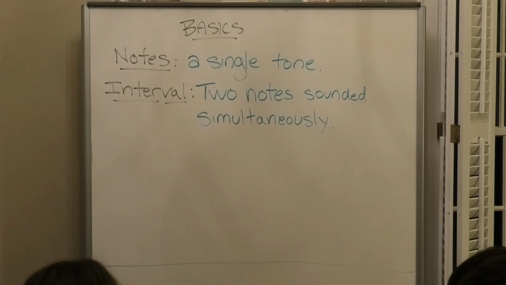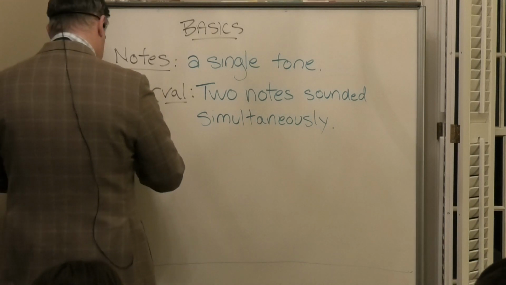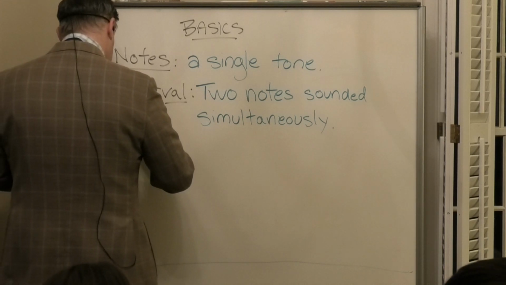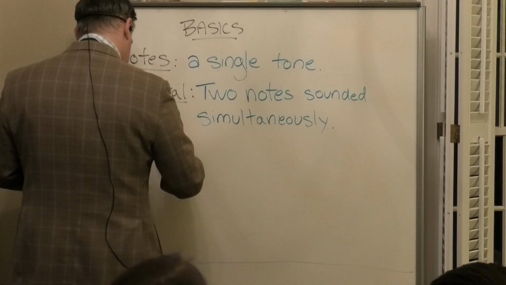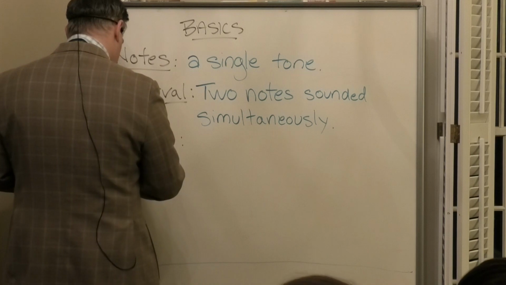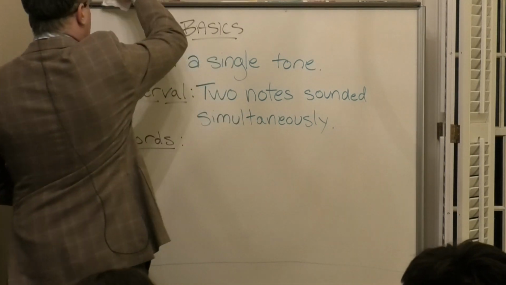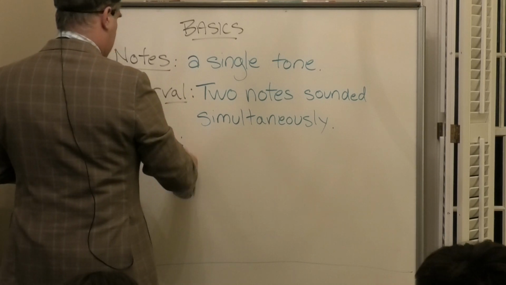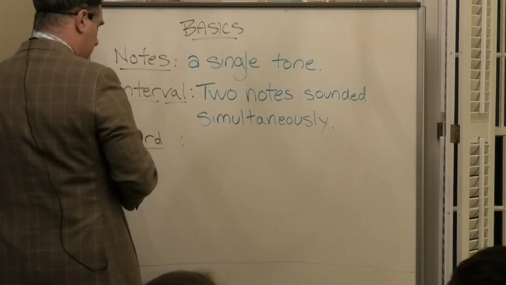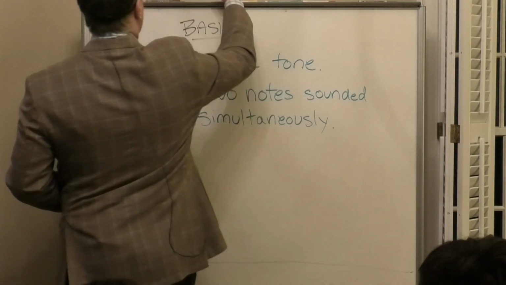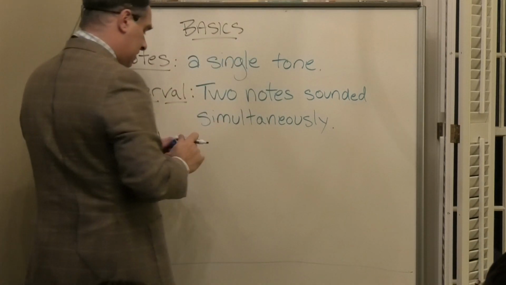Then we have chords. We have a chord. And a chord is made up of at least two intervals. It's three or more notes played simultaneously.